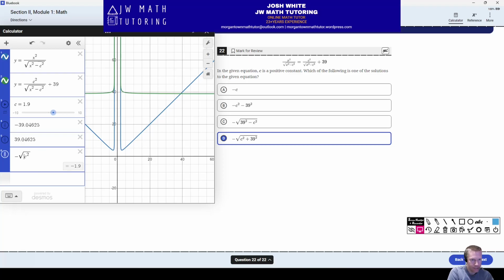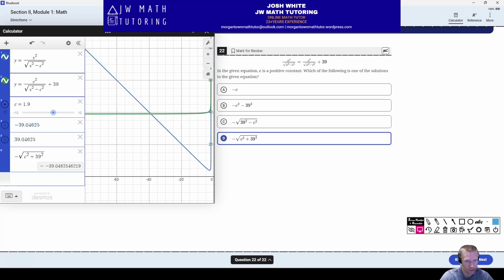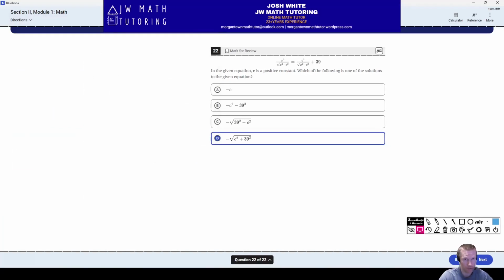And then in D, okay, notice here I have the exact same number, negative 39.04625. It matches this basically intersection point, right here. So correct answer for this one is going to be letter D. Again, this is how you could use Desmos to solve the problem.